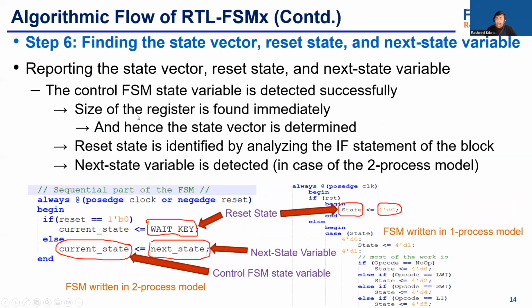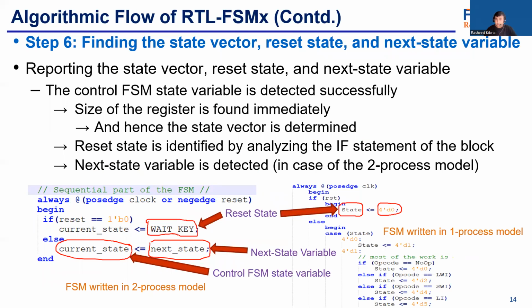In step 6, we actually find the state vector representation, and identify the reset state and next state variable. In this stage, we report all the state vector, reset state, and next state variables present in the RTL design.